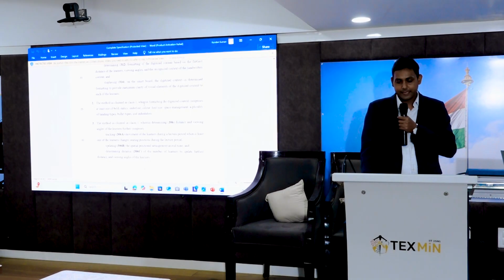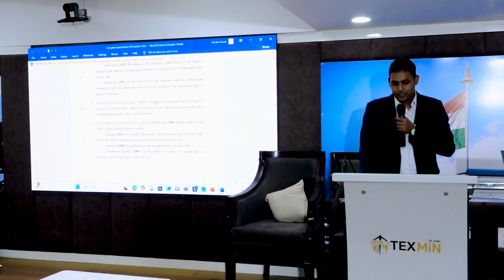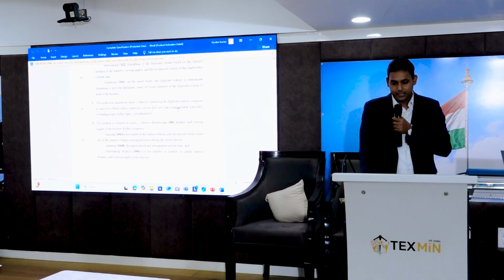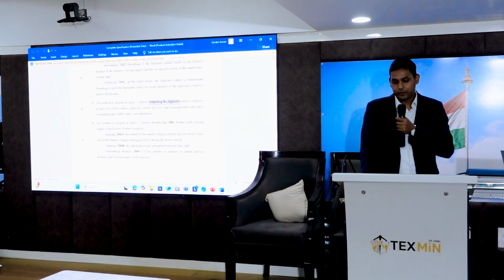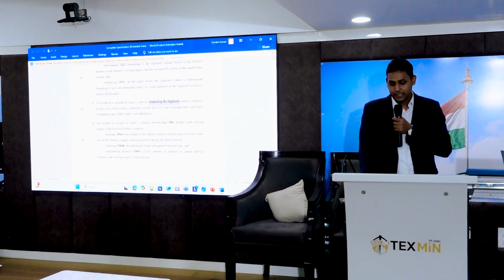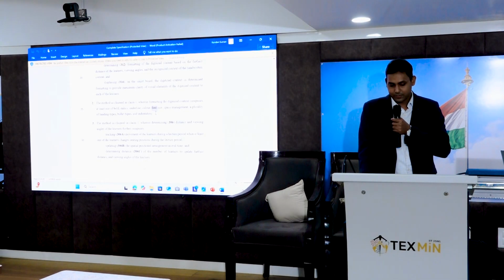The method as claimed in claim 1, wherein formatting the digitized content comprises. We are saying that we are formatting. What does it mean by formatting? Formatting means we are changing with respect to bold, italics, underline, color, font size, space management, a plurality of heading types, bullet types.